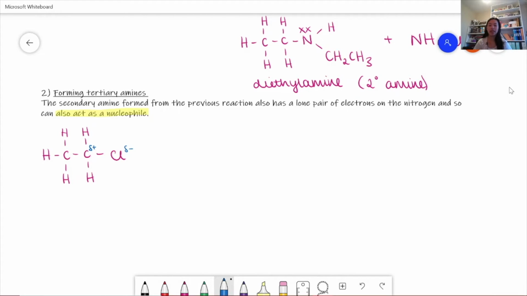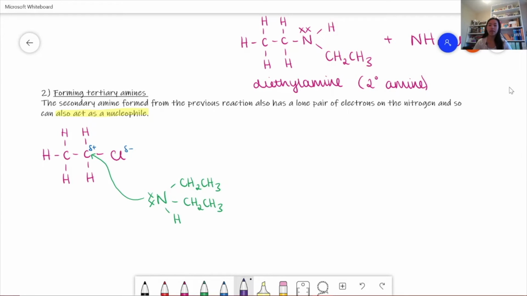And then this time the nucleophile is this diethylamine. So we have a nitrogen with two of these ethyl groups, and then one hydrogen. And the key thing is that we have this electron pair, this lone pair here. And so it's attracted to the carbon and so moves towards it.